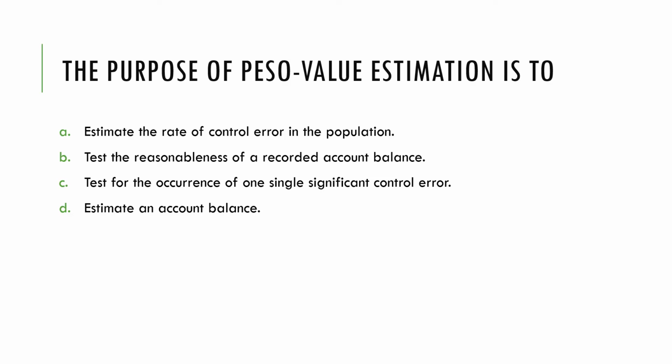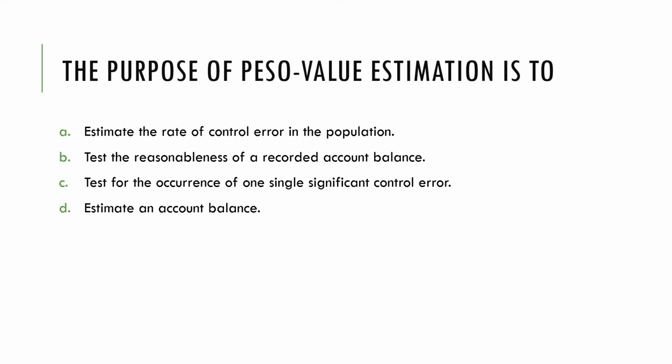Next, we are asked, what is the purpose of peso value estimation? Letter A, to estimate the rate of control error. But we are being asked about peso value estimation, and letter A is more concerned about control errors. Or B, to test the reasonableness of a recorded account balance. Or letter C, test for the occurrence of one single significant control error, reminiscent of discovery sampling, or D, estimate an account balance.